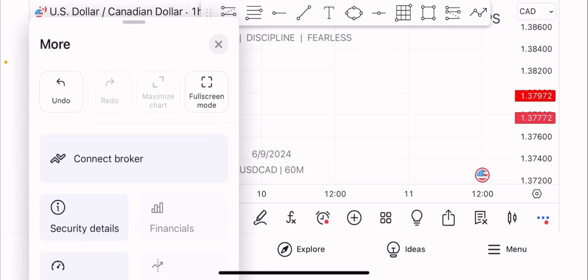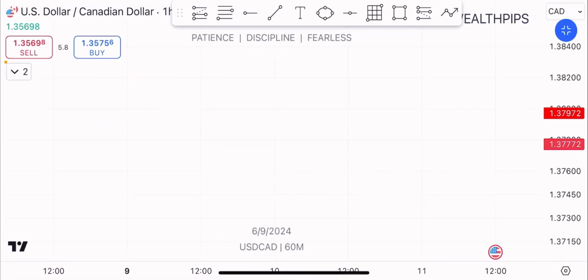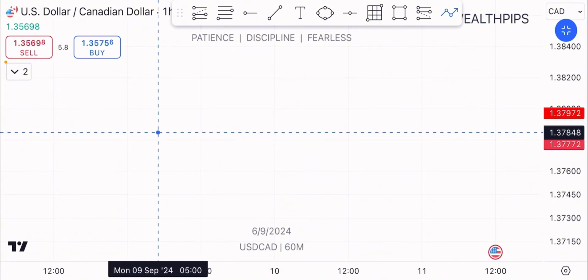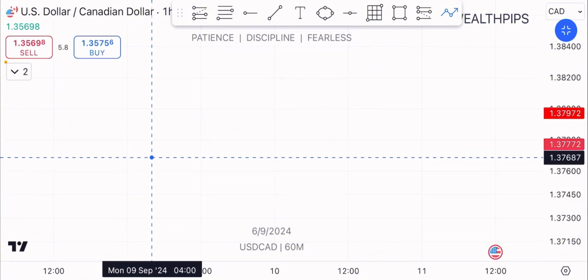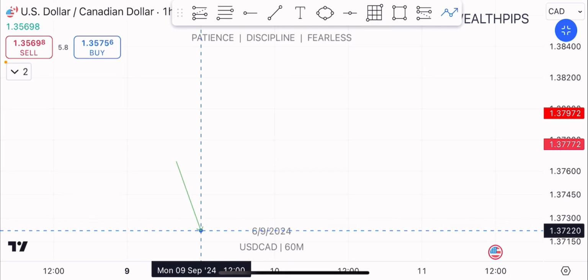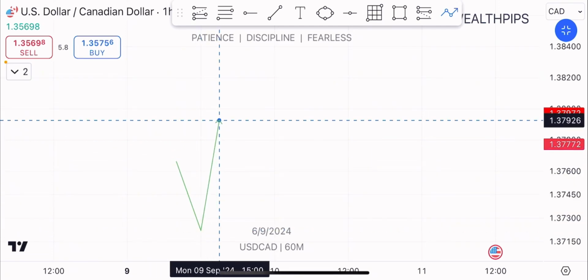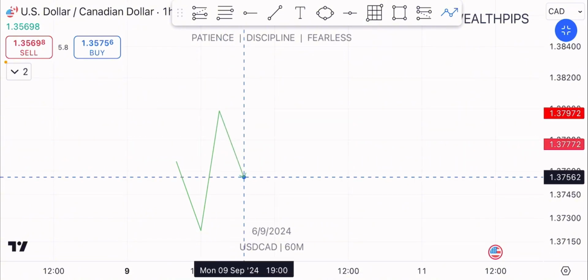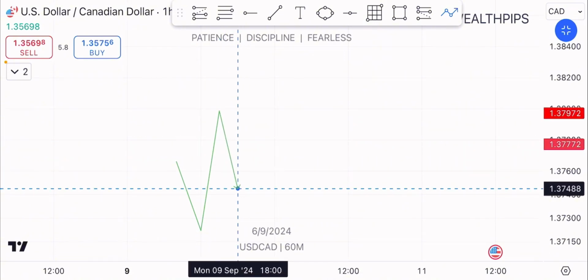Okay, now this is my screen. I'll be using a buy setup as an example. Now you have your sweep of liquidity here, then a break of structure. After having your break of structure, then you look for a 50% retracement into the previous zone.